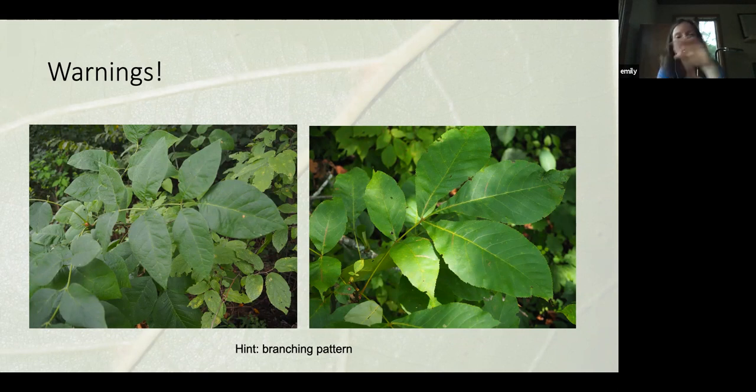On the left-hand side, we have an ash, and on the right, we have a hickory. That's the first thing you have to do when you get to these compound leaves: is it opposite or is it alternate? Your pignut hickory or your hickory over here is going to be alternate, and your ash is always going to be opposite. So that's your first warning.